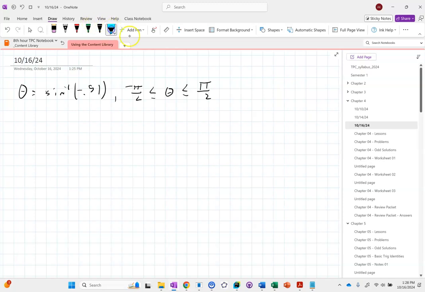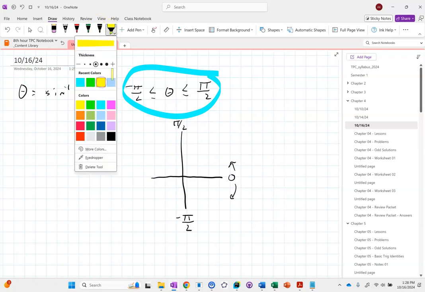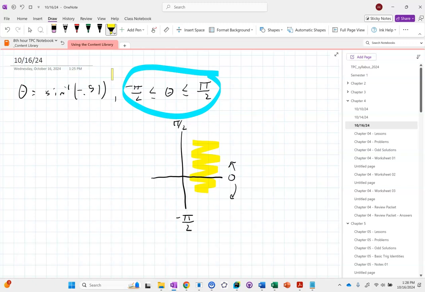To draw this part, I know my theta could be negative or positive, right? If I start at 0, if it's negative, I'd be going this direction. If it's positive, I'd be going that direction. Either way, I'm going to be covering quadrants 1 and 4.